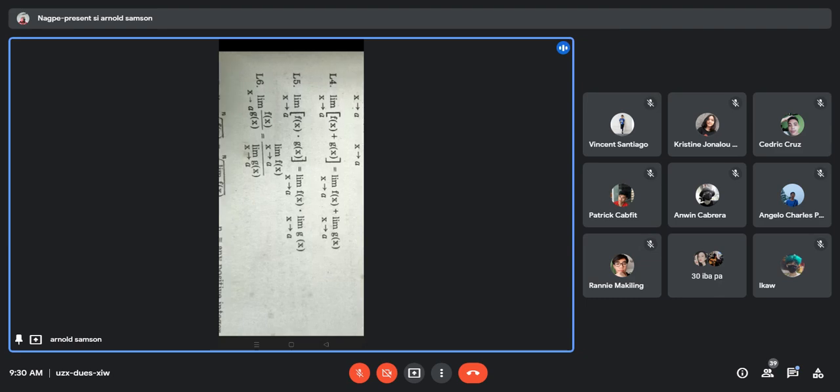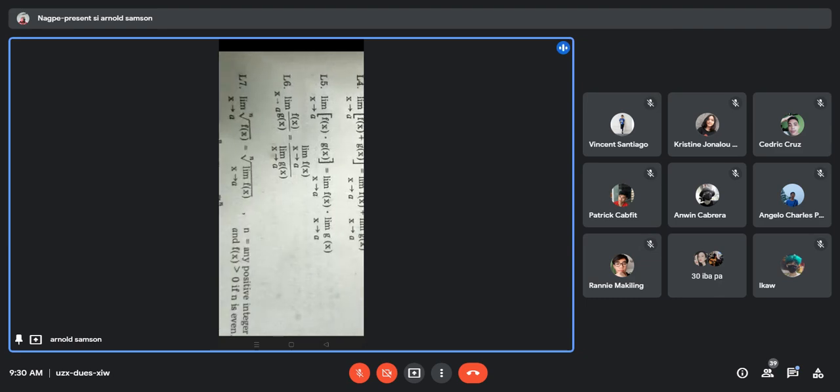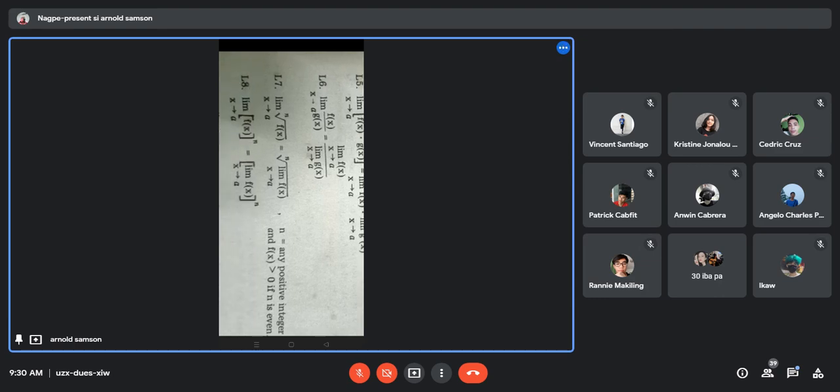And number 6 is the limit of quotient, no? Quotient. So, sandali lang ulit siya. The limit of f of x when x approaches to a over the limit of g of x when x approaches to a, no? And for the radical, no? Ganun din ang mangyayari. Pero take note, tignan niyo yung limit niya dito sa rule number 7.